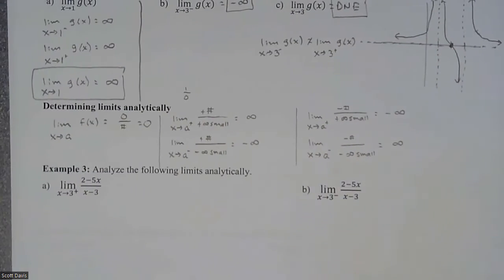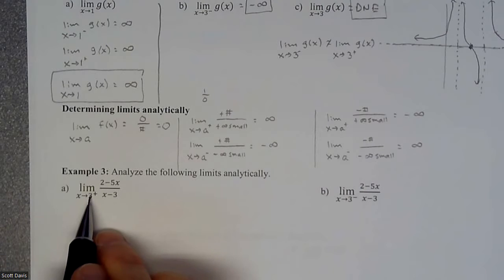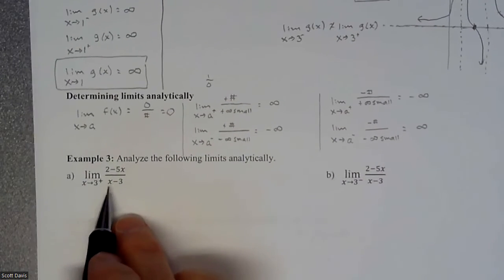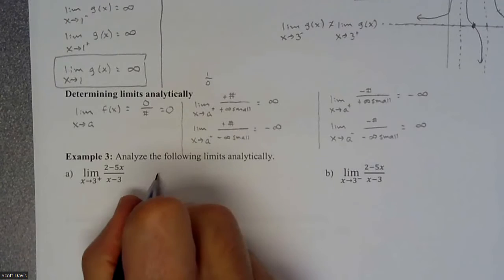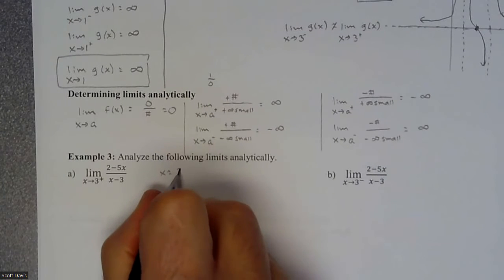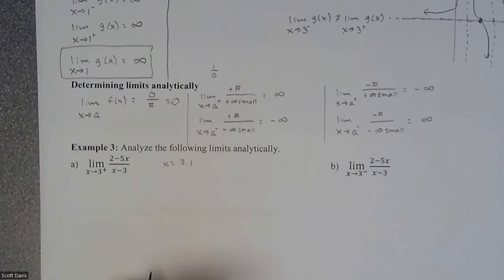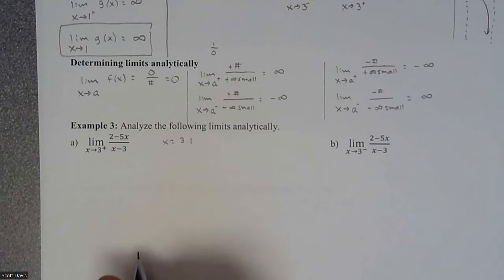So how do we do that? If you're looking at 3 on the right, and then we'll look at 3 on the left, you're looking at values such as 3.1, 3.01, 3.001. Let's logic our way through this a little bit.